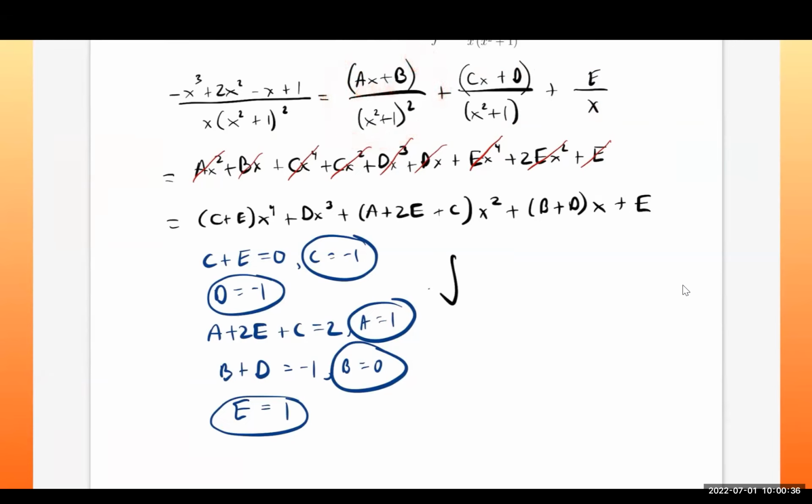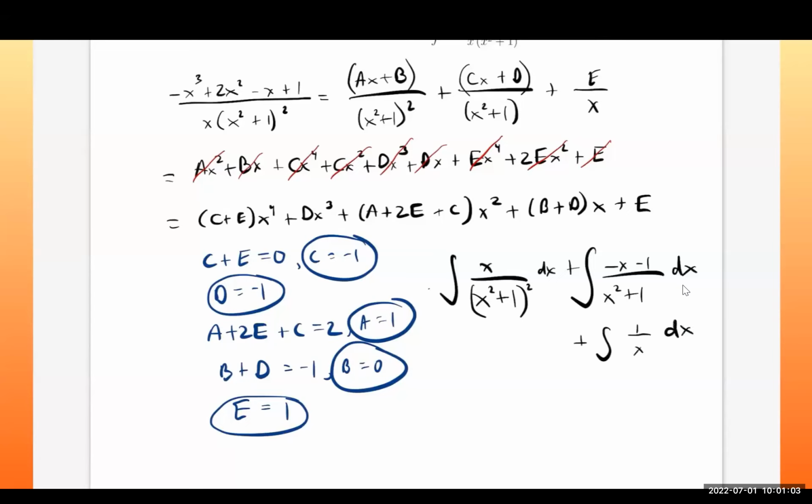All right, so this fraction is going to be ax plus b, there is no b, b is 0, over x squared plus 1 squared. All right, the next integral will be cx plus d, so that's negative x minus 1 over x squared plus 1 dx. And then the final is the integral of e over x dx.